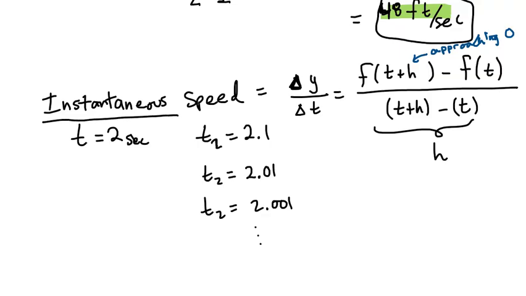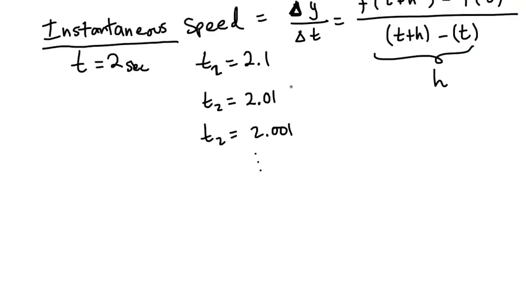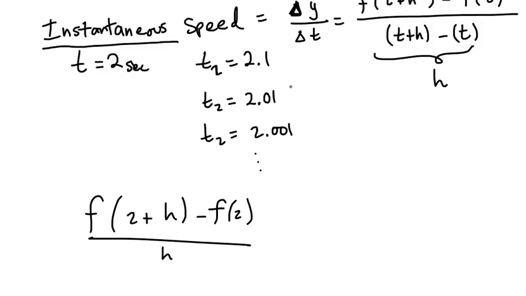Okay, so let's look at what happens here with this example. What is the instantaneous speed at the 2-second mark of this falling object? So we have f of 2 plus h minus f of 2 over h. We know that we want h to approach 0, so the idea here is actually a limit idea.